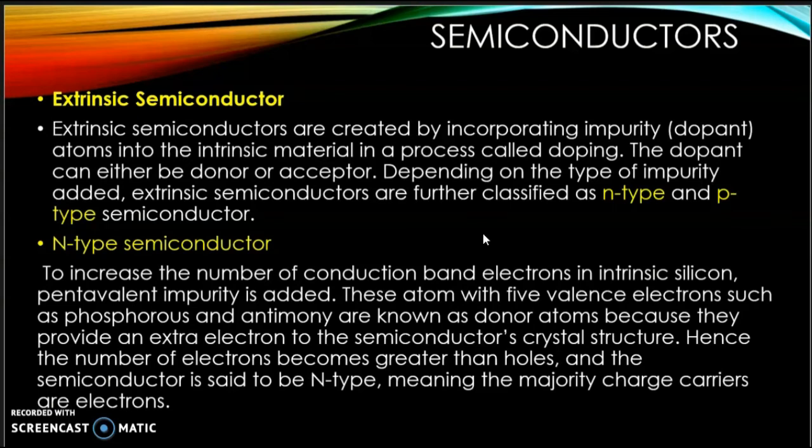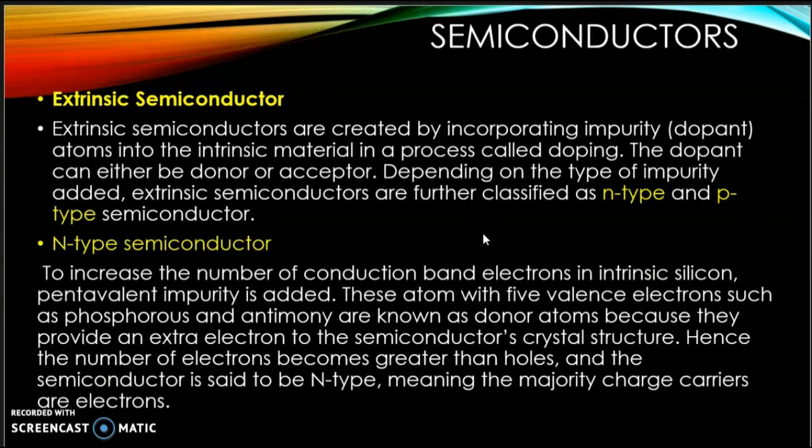So on the outermost orbital of these atoms are 5 electrons. So now we are bonding these new 5 electrons with the 4 electrons we already have in the intrinsic semiconductor.